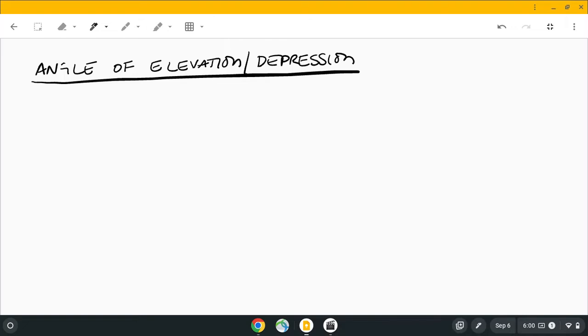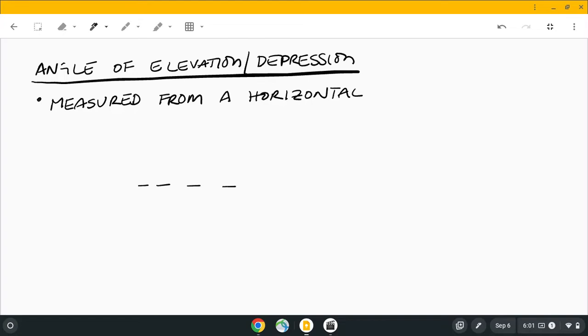Okay, so angle of elevation, depression. These are measured from a horizontal. So here is my horizontal. And from this horizontal, if we're measuring upward, then we have this angle, right?